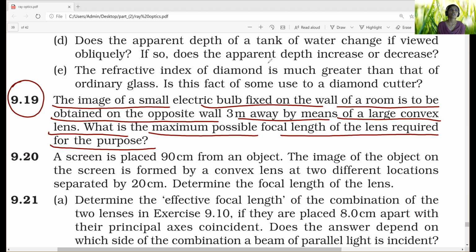So read the question, try to write the given things and let us solve this one. From the question, the distance between object and image, let us consider d is equal to 3 meters. Maximum focal length of the convex lens, F maximum.